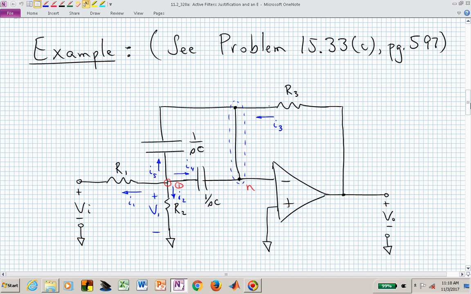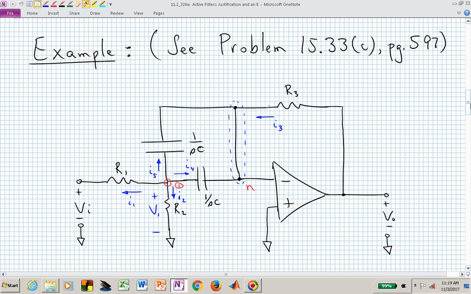We obviously have our op amp, but what's not shown is the power supplies that obviously have to be connected to that op amp in order to energize it to make it function the way that we want it to function. And we're assuming that this is an ideal op amp, which means we don't have any current going into the input terminals, either the inverting or non-inverting.